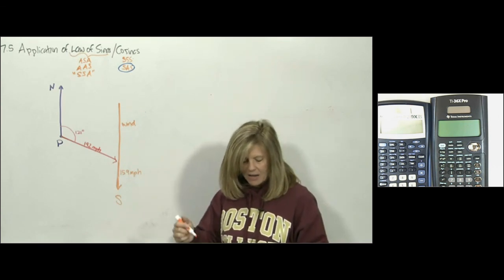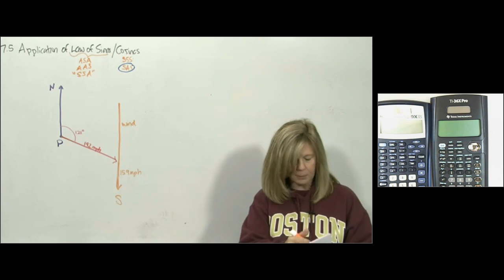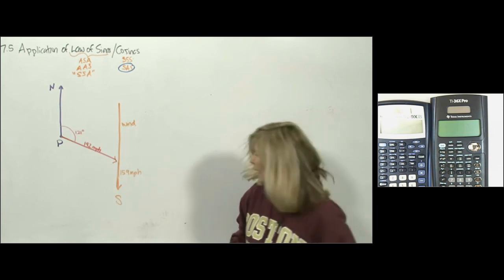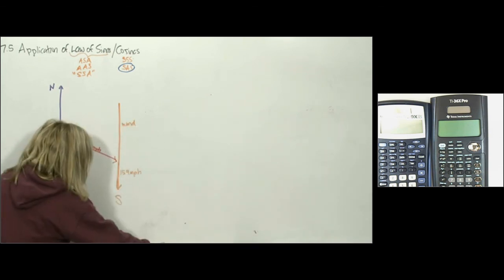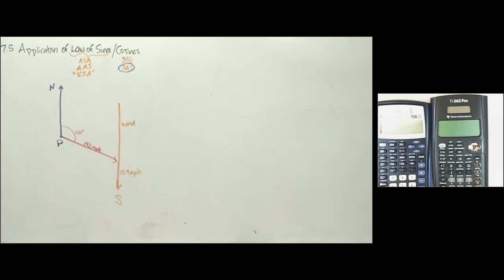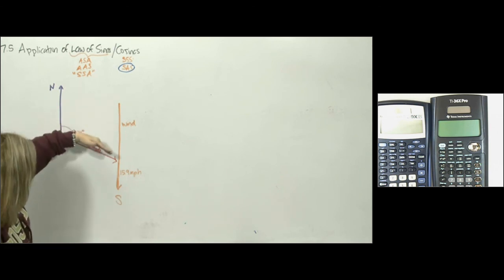It says, find the ground speed and actual bearing of the plane. Okay. So first thing it wants to know is the ground speed. The ground speed is going to be the length from where the plane started to where the plane is now. So guys, look. Here was the plane. It took off in this direction. It's up in the air.